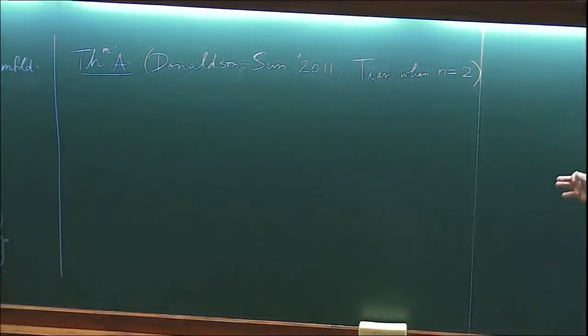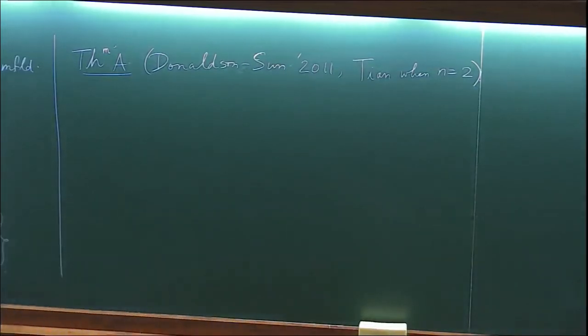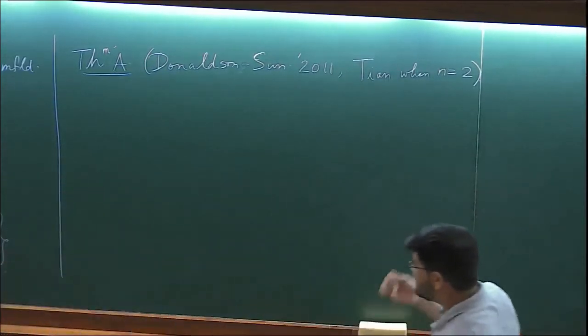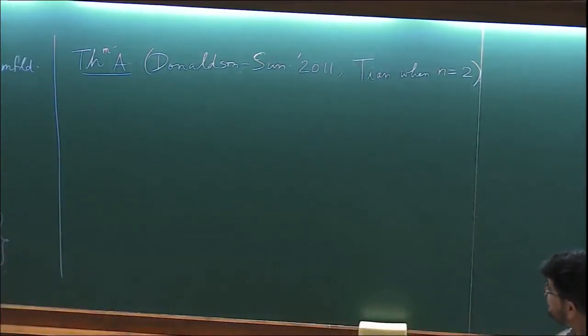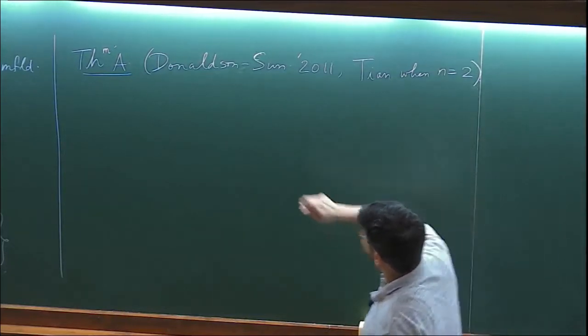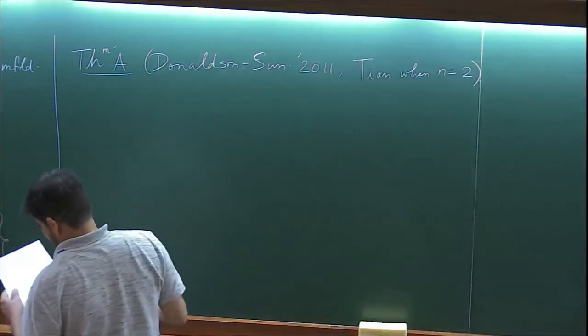Again, for complex dimension 1, this is a classical fact that one can have an effective Kodaira's theorem. You can embed every Riemann surface into, I think, P3 or something, and that just uses Riemann-Roch, right? So this is a classical fact. For n equals 2, this was done by Tian, and then in general by Donaldson and Sun.